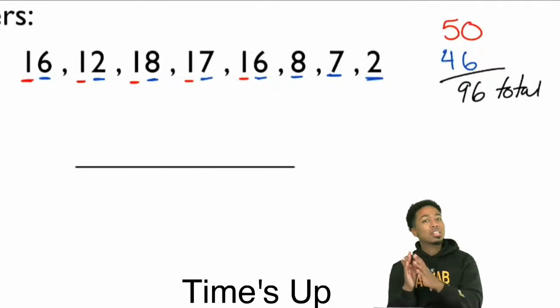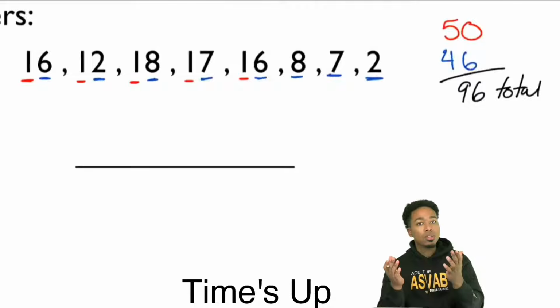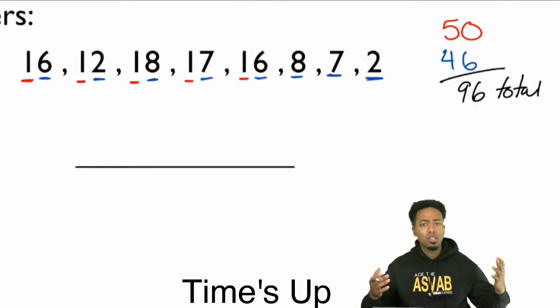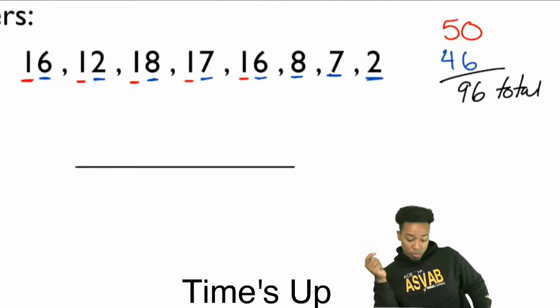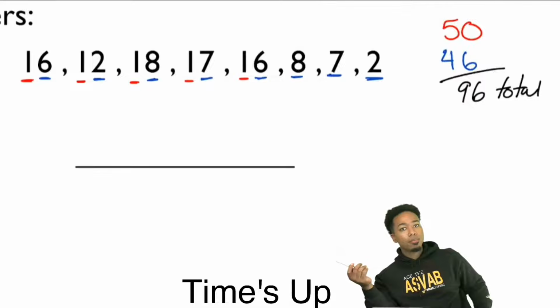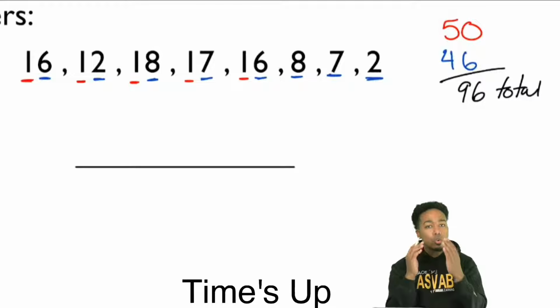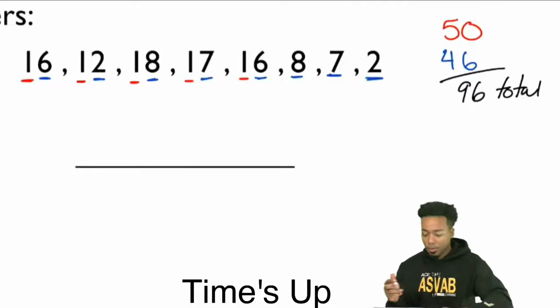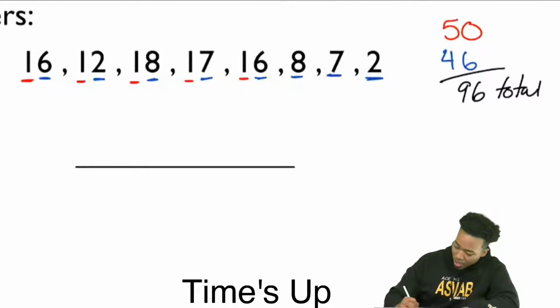You're doing something that's a little faster, a little more mental, but not as ridiculously hard as just going 16 plus 12, 28, 28 plus 18, 46, 46 plus 17, and so on. So again, pick and choose which one you are comfortable with and keep building that comfortability. But regardless, we have 96 as the grand total up top.